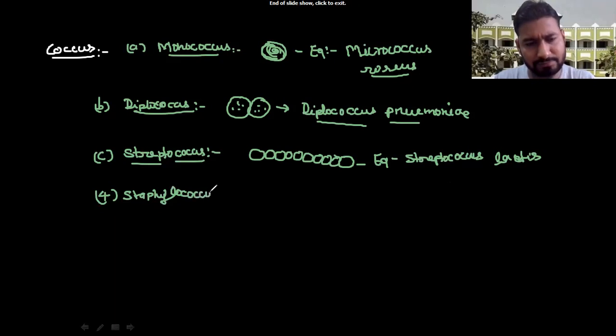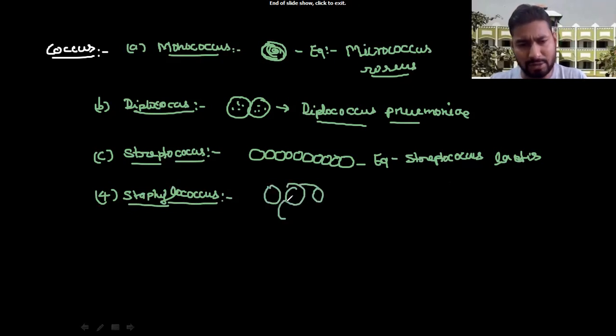What is Staphylococcus? Staphylococcus bacteria are found in bunch form, meaning a bunch of grapes. You have to see it like that. I'm drawing it here, just look. It looks like a bunch of grapes.